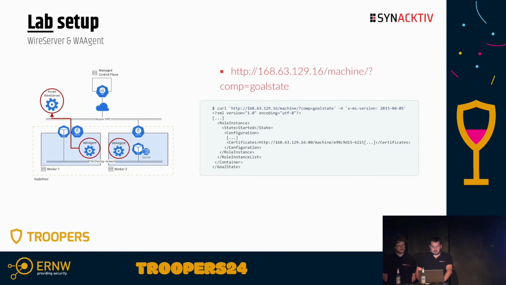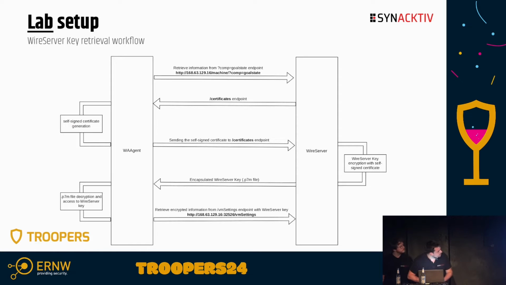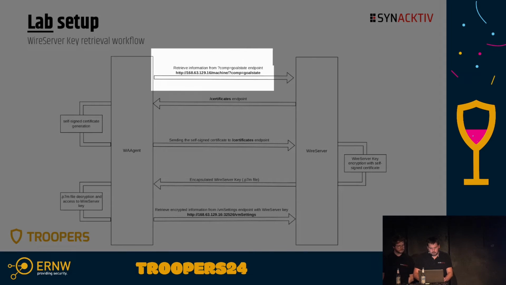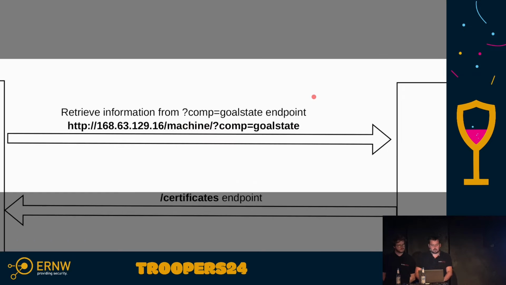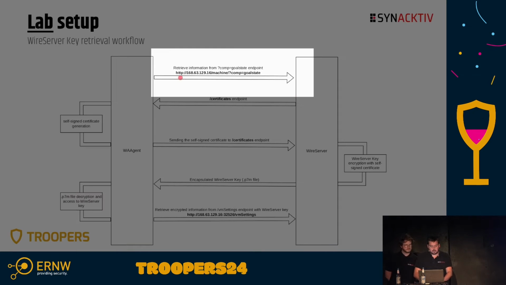So I will describe how the WA agent decrypts the protected settings. Everything starts with the goal state endpoint. So I made a schema. I don't know if everyone can see, or if I should zoom a little. Okay. So first, the WA agent will contact the goal state endpoint, as we said just before.